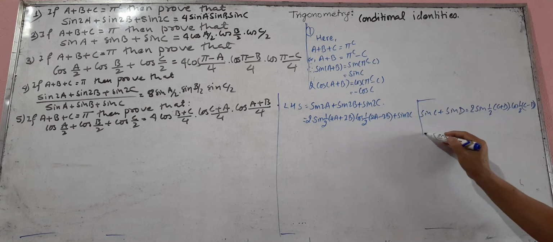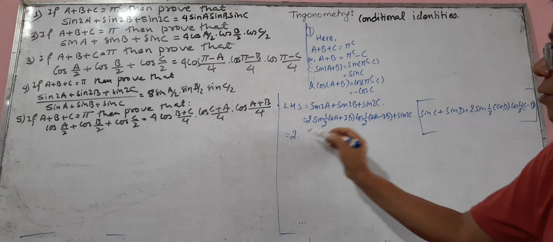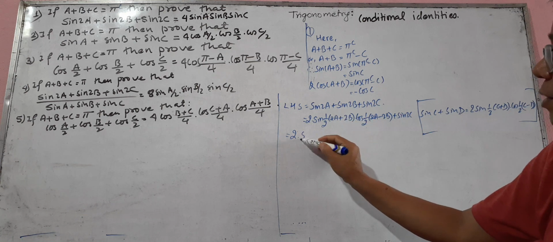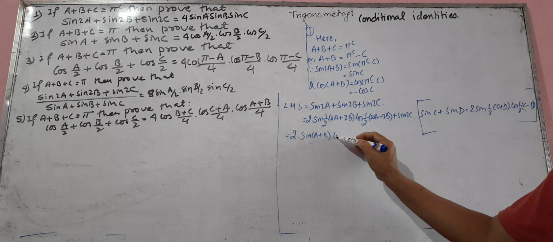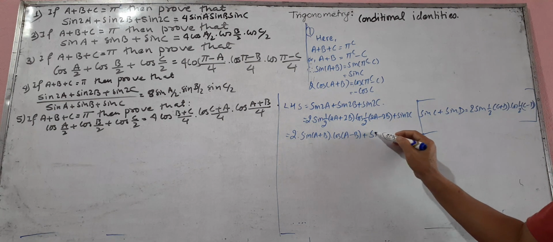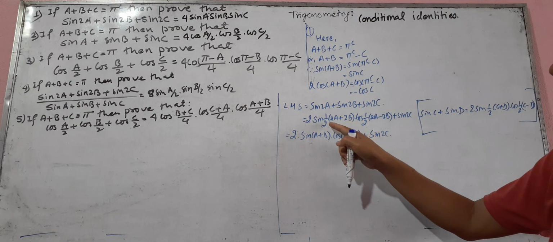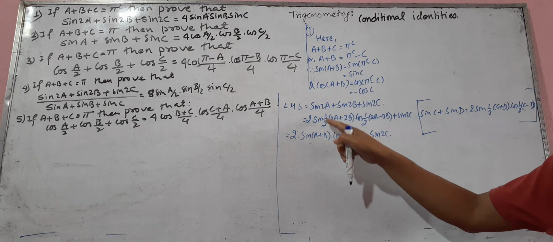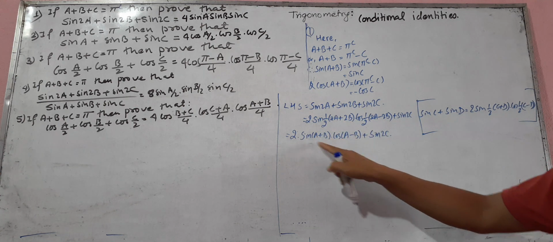Now by simplifying this, we get 2 sine a plus b times cos a minus b plus sine 2c, because we can take 2 common, and the 2 in the denominator and numerator cancel.